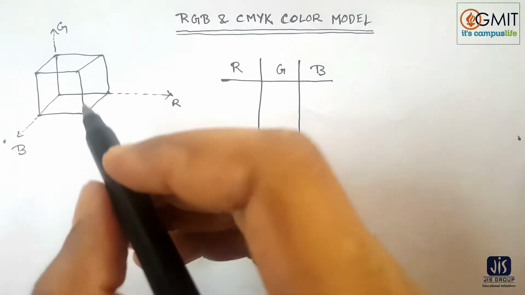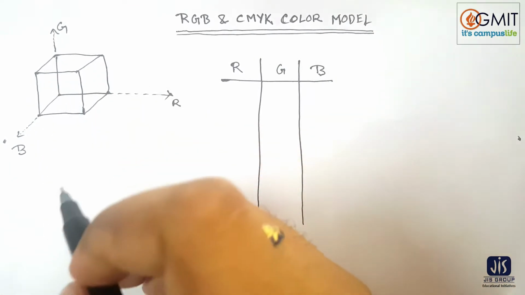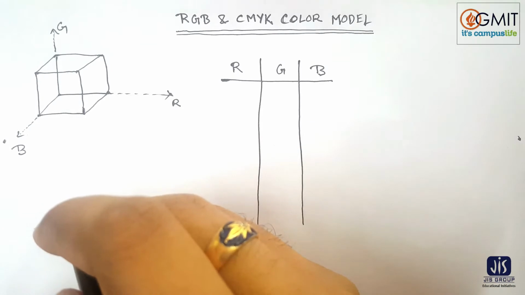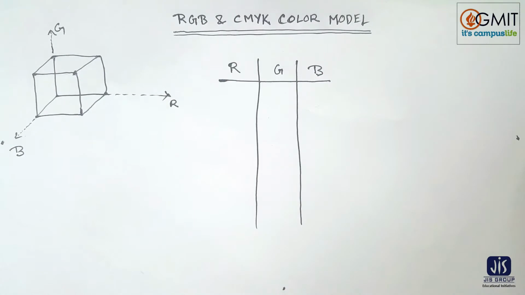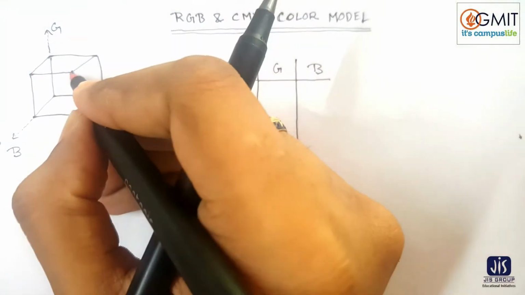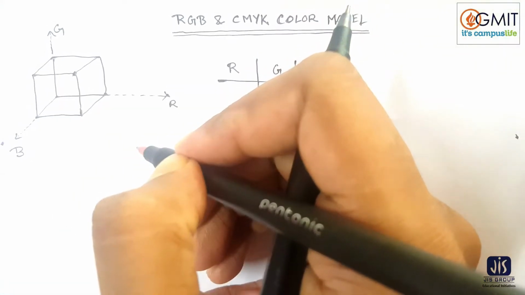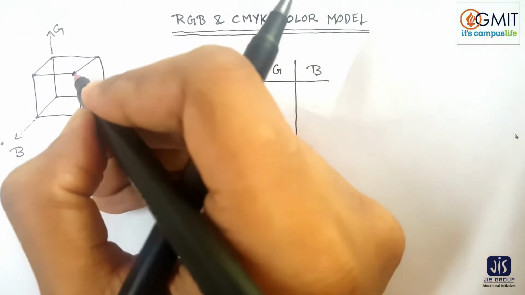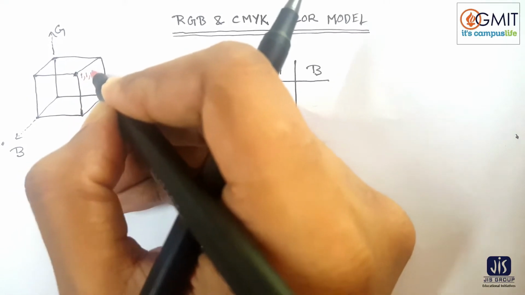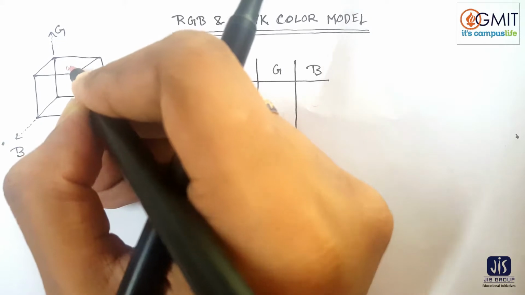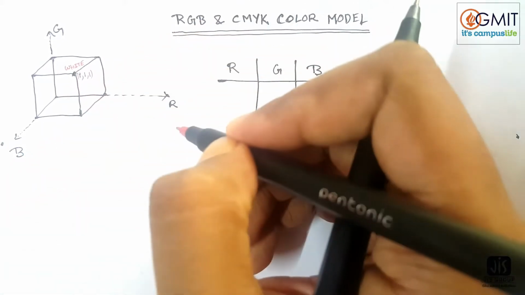Now, from this block or cube, which point is totally visible or in front of your eyes? Which point? This point? This point is totally visible. So we can say this point's coordinate is 1, 1, 1, or this is white, because this is totally visible in front of your eyes.